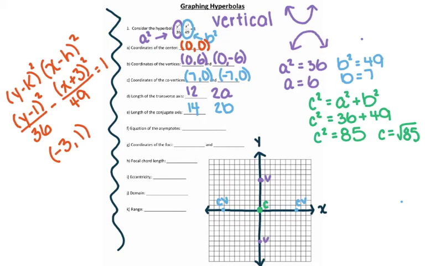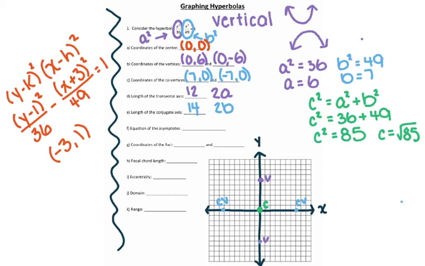Okay. Now that we have that drawn, the next thing that we need to do is make a rectangle. When you're making the rectangle, you're going to use the vertices and the co-vertices to give you the dimensions of the rectangle, how wide, how long. So I'm just going to use a different color. Okay, and I'm going to make a rectangle. Now, the rectangle is technically not part of the hyperbola. It's just going to help you draw the hyperbola.